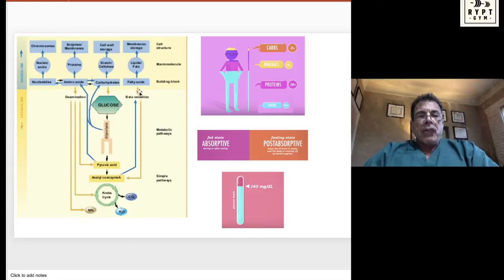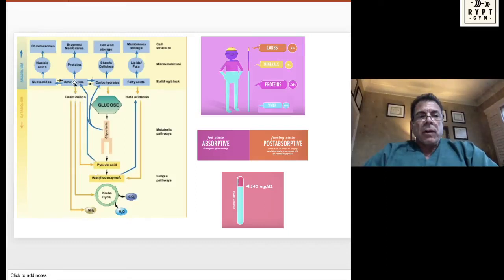Recall that fats can also be broken down through beta oxidation to produce acetyl-CoA. Fatty acid oxidation makes about 107 acetyl-CoAs per fatty acid molecule. Glucose gets broken down into pyruvate and then acetyl-CoA, then enters the cycle, producing about 36 ATP.